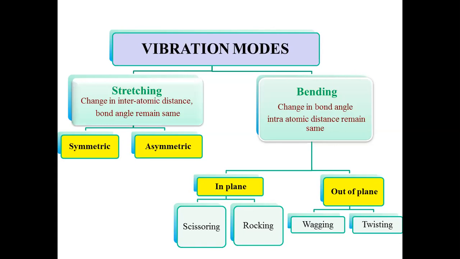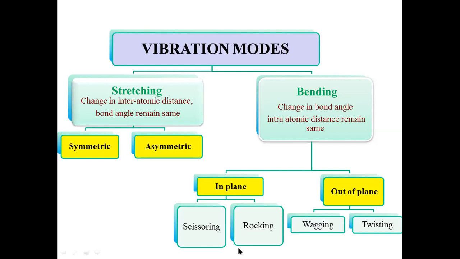More energy is required for stretching vibration in comparison to bending vibration. Stretching vibration is again classified as symmetric vibration and asymmetric vibration, while bending vibrations are classified as in-plane and out-of-plane bending vibrations.